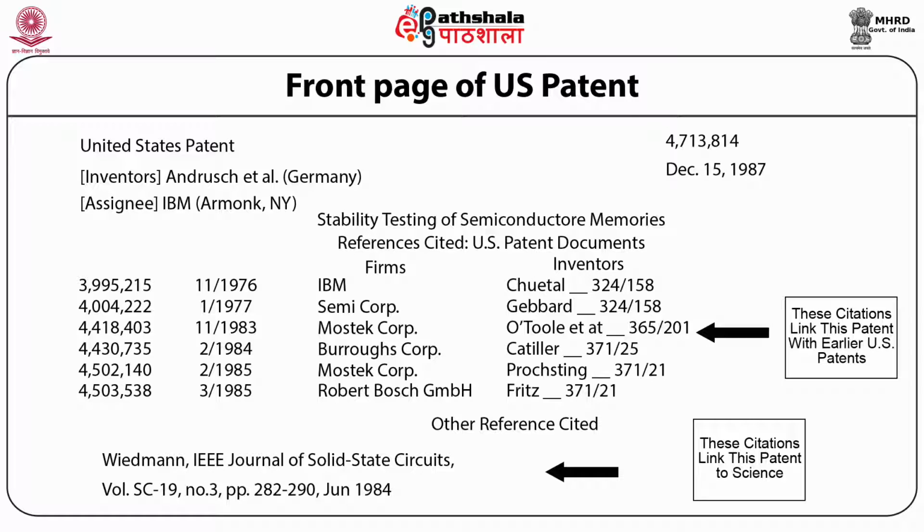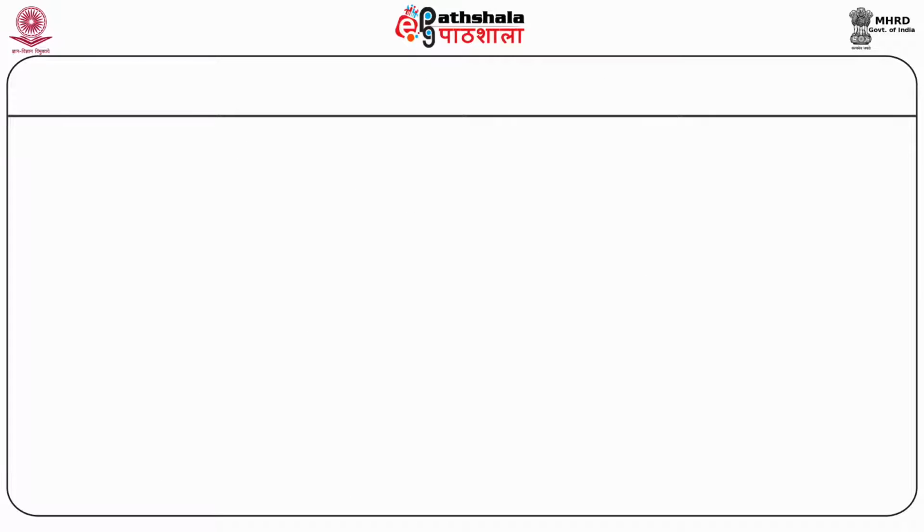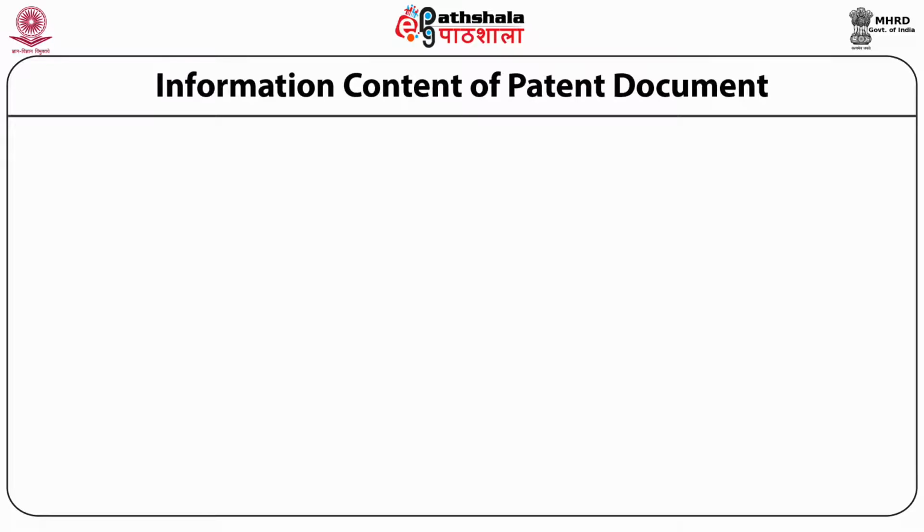You can see the patents or the research papers which this patent has referred to, and it also gives you references of those which have cited this patent. See that a patent document contains a large amount of information.